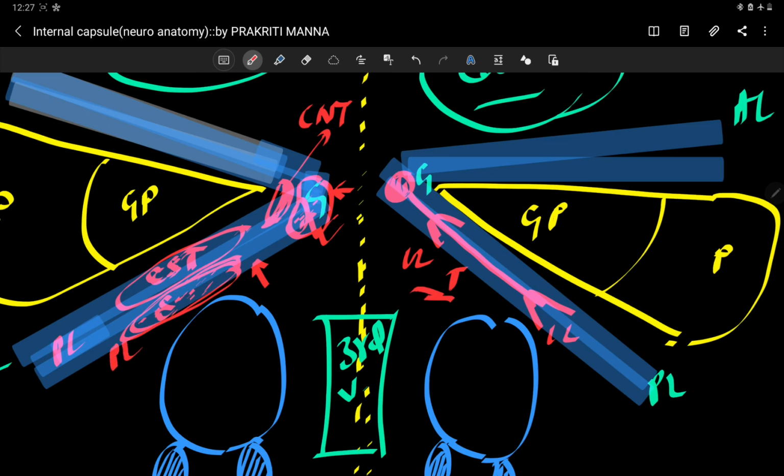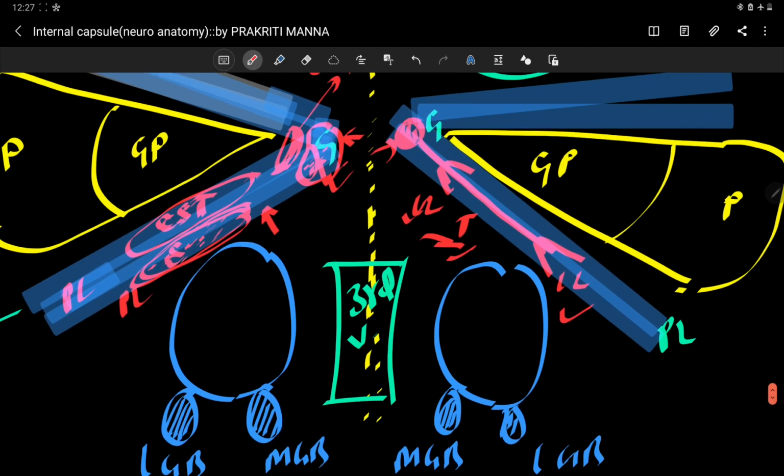So the sensory and motor fibers of the head and neck region pass through the genu of the internal capsule, and the sensory and motor fibers of the upper limb, trunk and lower limb pass through the posterior limb of the internal capsule.